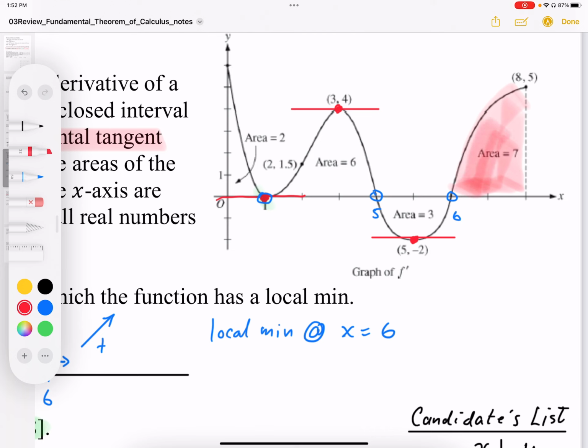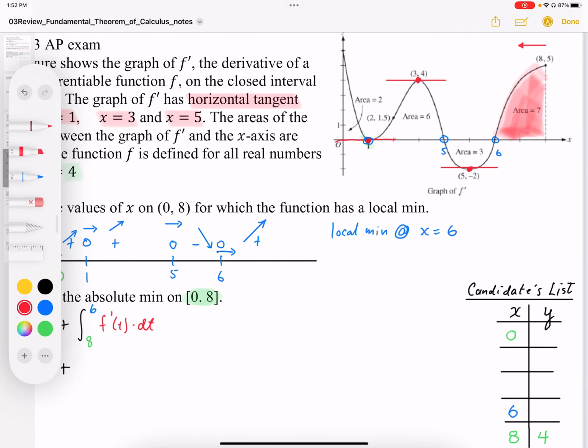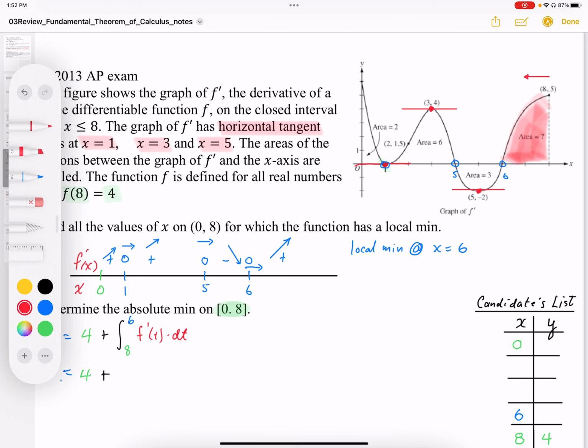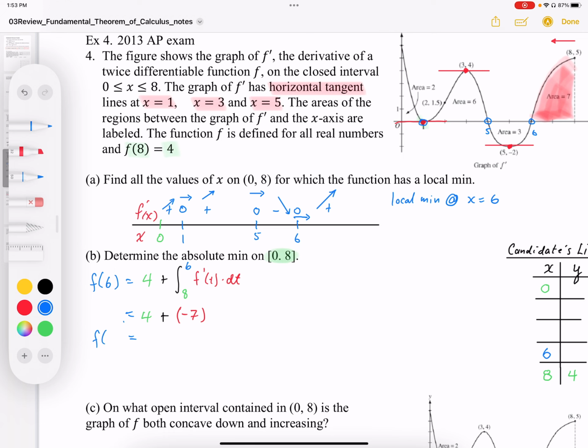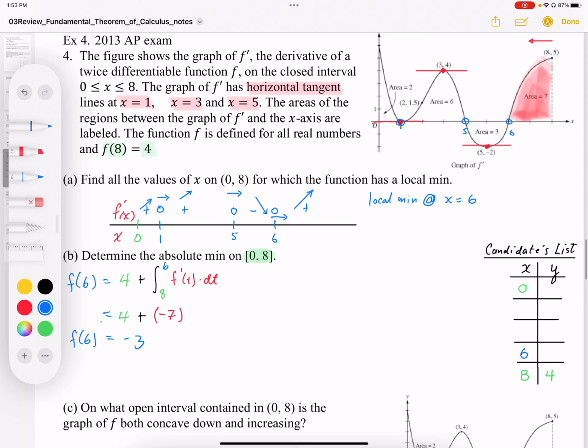Now, the difficulty here is that this displacement is above the x-axis, but because I am integrating in the opposite direction, in this direction here, the area of 7 is not going to be positive, it's going to be negative. So I'm going to subtract 7. When I get to that point, f of 6 looks like it's going to be -3. So I'm going to put that in my candidates list. That's a potential absolute min.